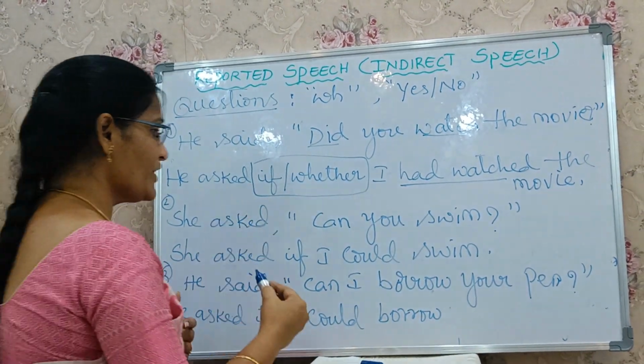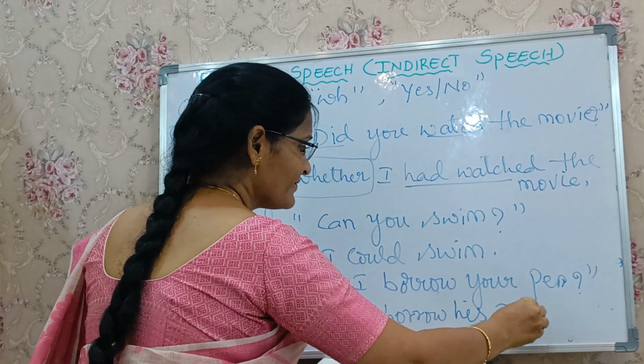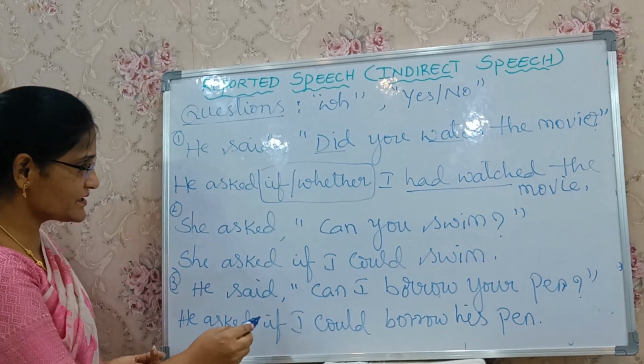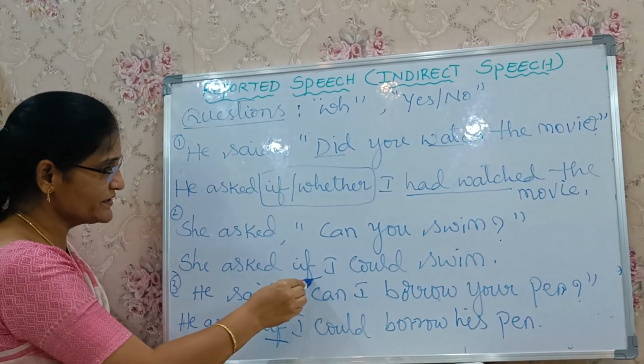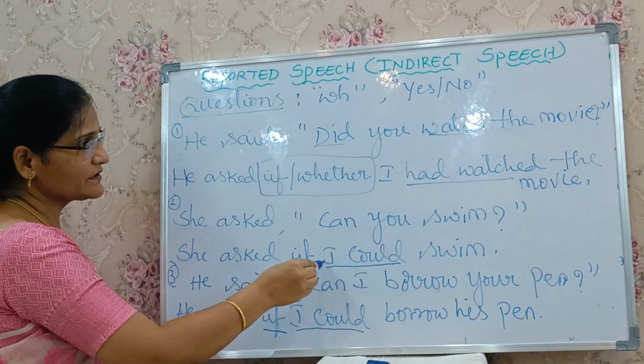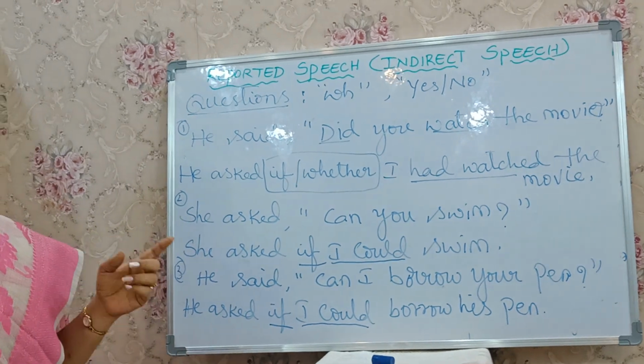Said, can I borrow your pen? His pen. Your can be anything, his pen or her pen. He asked. The main thing here you need to observe is what link word we have used and how we are framing the statement here. So this is what you must understand about yes or no questions.